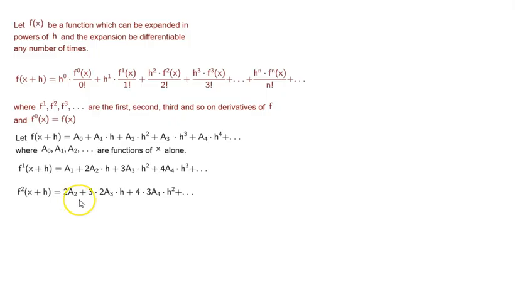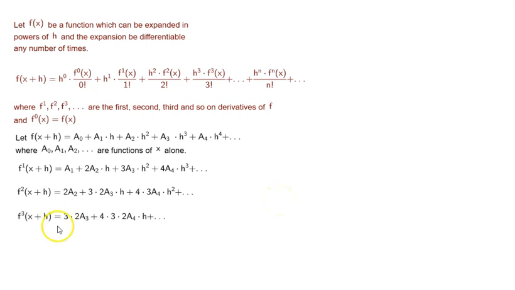So 2a2 plus 3 times 2 times a3 times h. Similarly, 4 times 3 times a4 times h square, and so on.